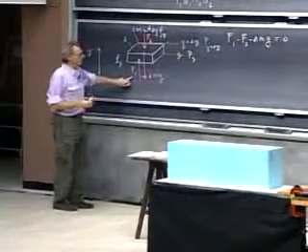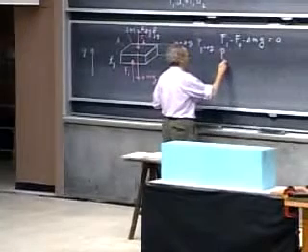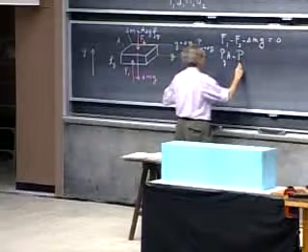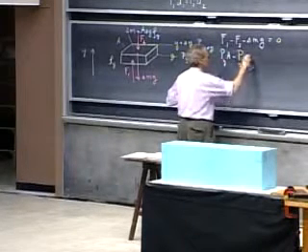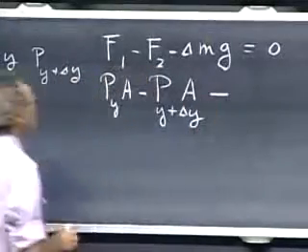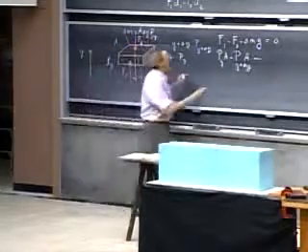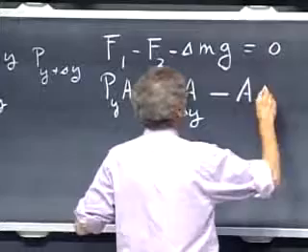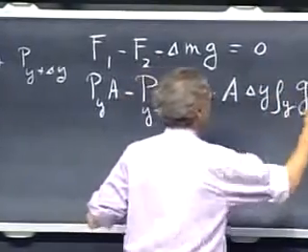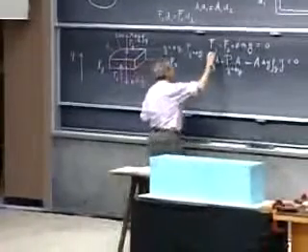But F1 is this pressure times the area, so that is P at level y times the area, and F2 is P at level y plus delta y times the area, minus delta m, which is A delta y times rho, so I get minus A times delta y times rho, which could be a function of y, times g, and that equals 0. Notice I lose my area.